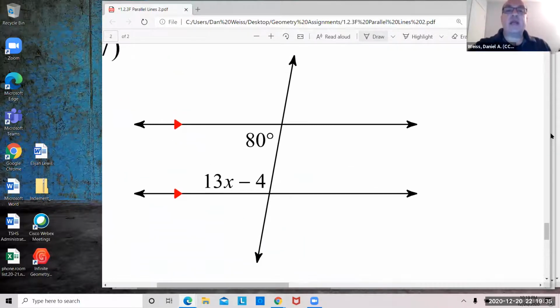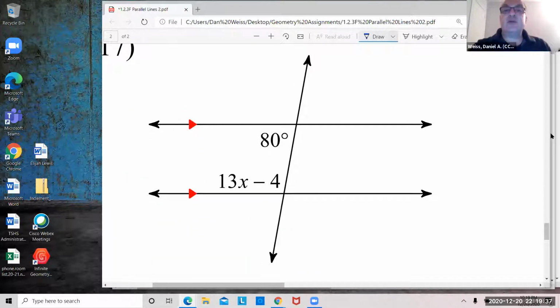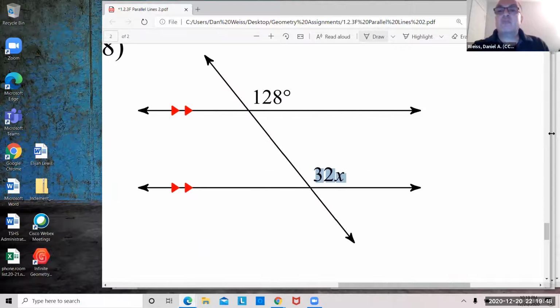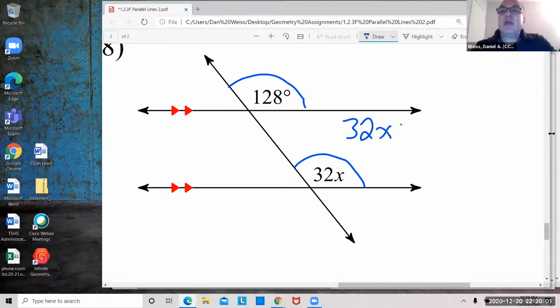They add up to 180 here, right? So you're going to do 13x minus 4 plus 80 equals 180, right? These two are equal. They're corresponding. This is the top right angle. This is the top right angle. So 32x equals 128 divided by 32.